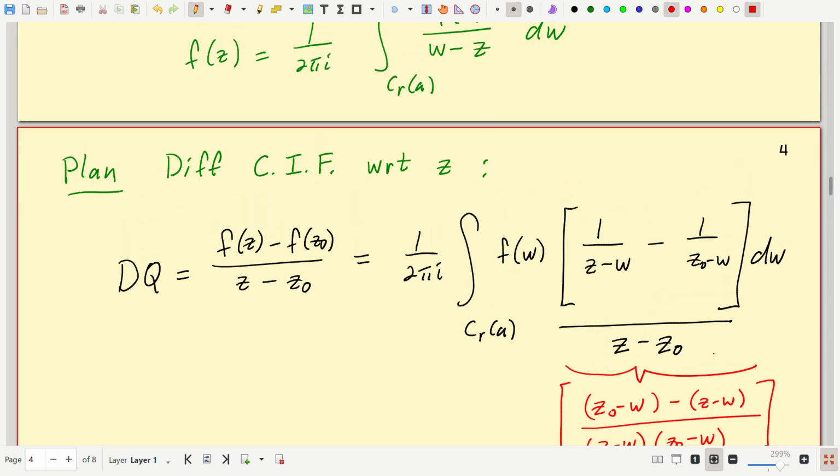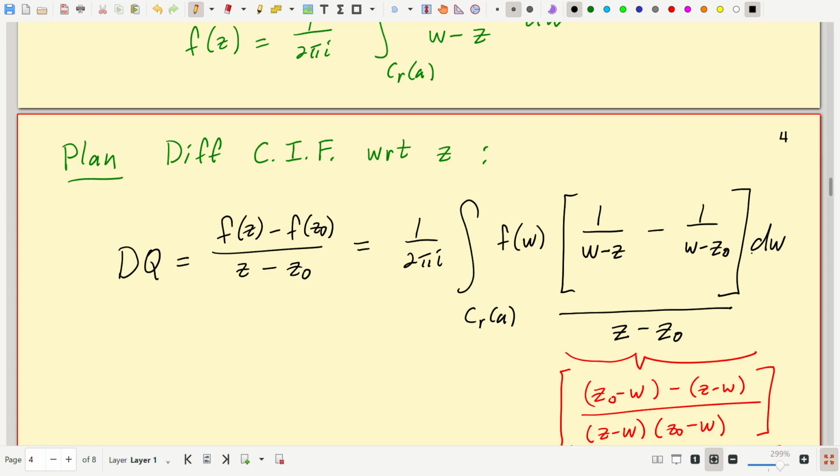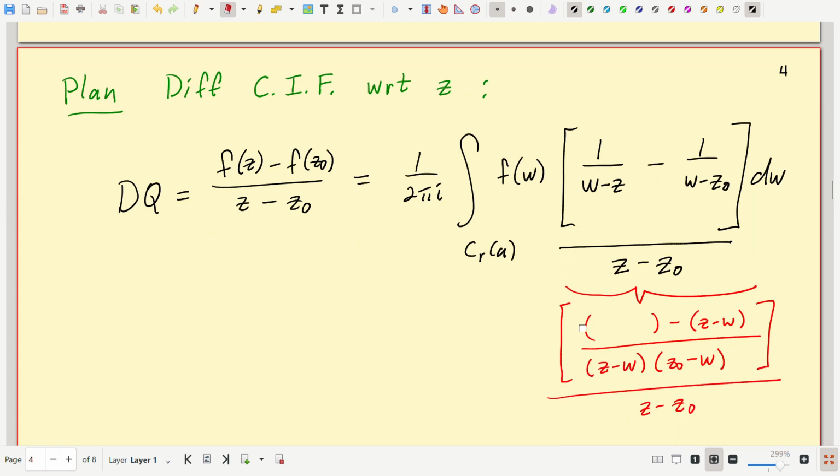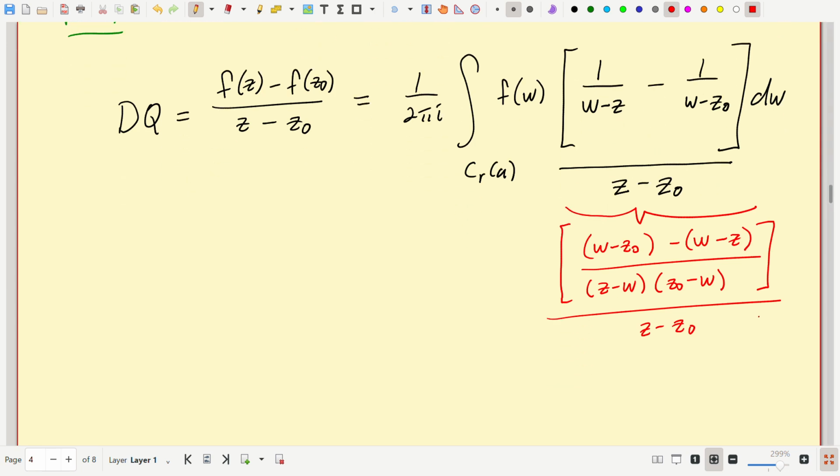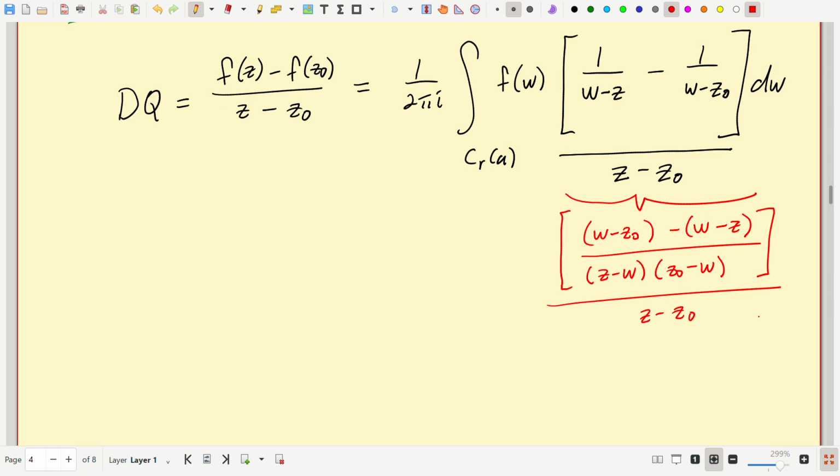That was stupid. Sorry. That's going to make me look smarter here for a minute. It's w minus z, w minus z naught. And now, thankfully, what do I get when I cross multiply? I'm going to get w minus z naught here minus w minus z here. The denominator is okay. And so the numerator in that thing is z minus z naught, and that's going to cancel the nasty thing in the denominator.